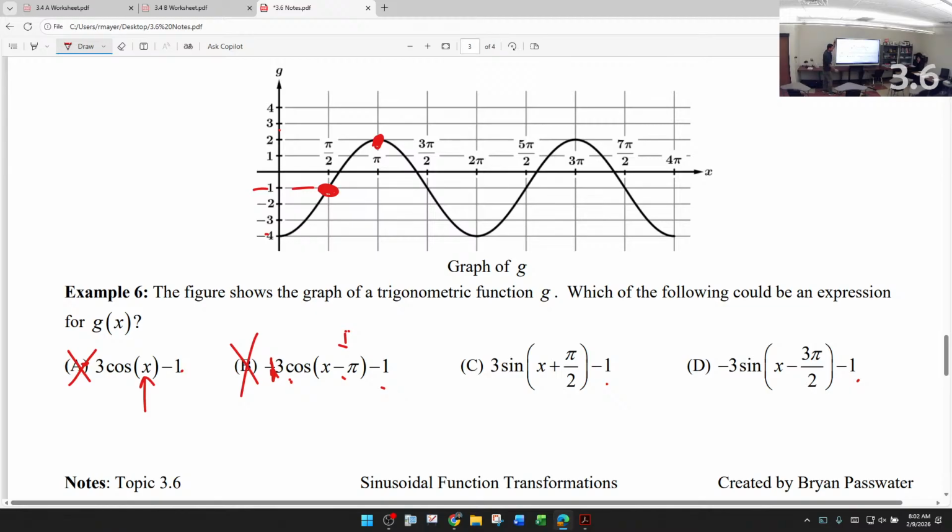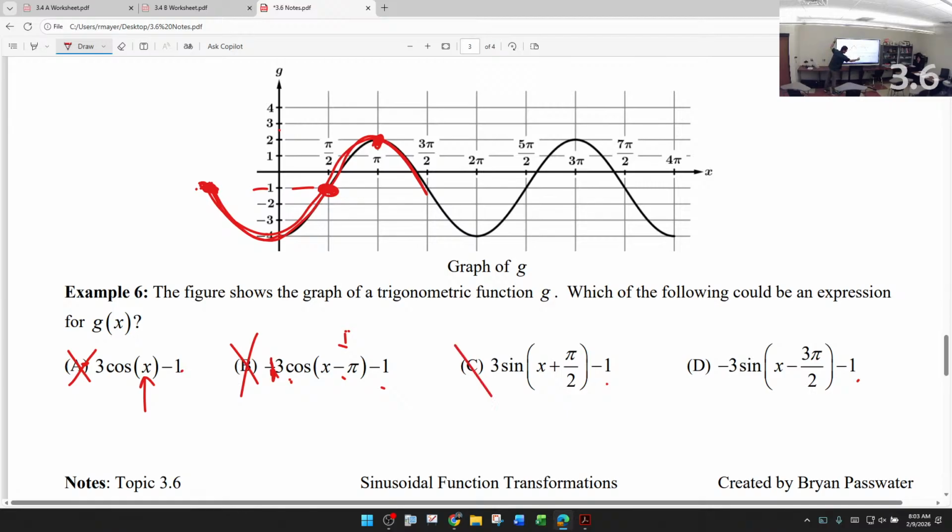Left pi over 2. Beautiful. This looks like sine if I start right here, except what? Instead of going up, I'm going down. And that's a positive.